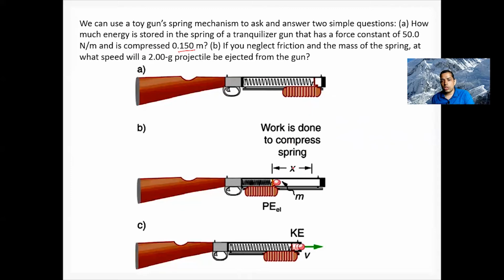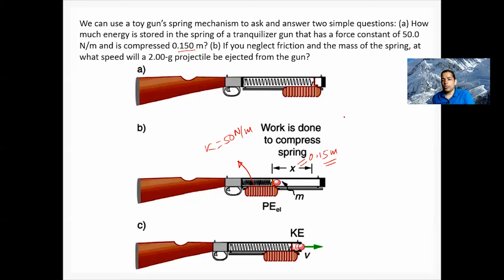So you have a gun system here, you compress it by x equals 0.15 meter, and the force constant of the spring is k equals 50 Newton per meter. If you neglect the friction and mass of the spring, at what speed will a 2-gram projectile be ejected from the gun? First of all, you have to find how much energy is stored in the spring.